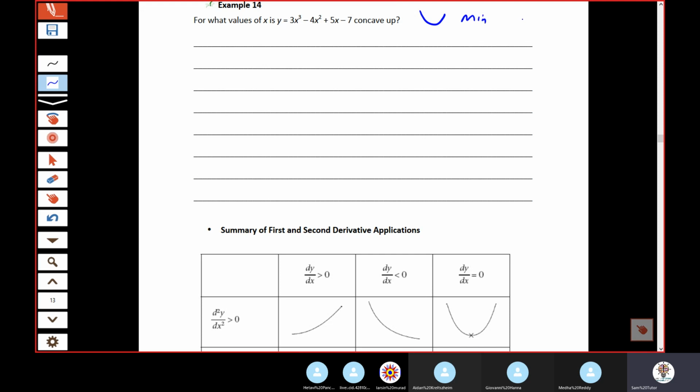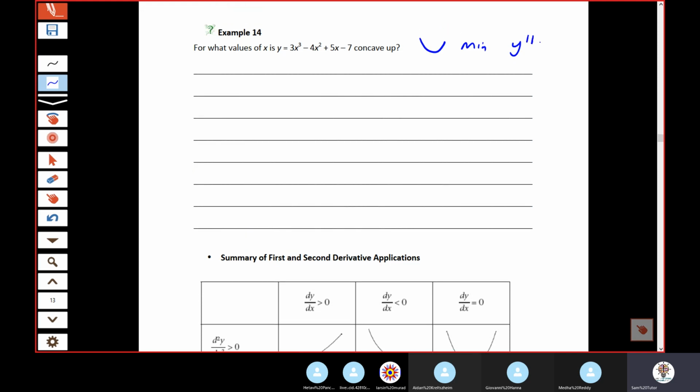And then that means y dash must be greater than 0, y dash is increasing. Y double dash means a max. Y double dash now, minimum. Less. Opposite, remember? That's what's weird. You think it's less than, but in your head you've got to do the opposite.